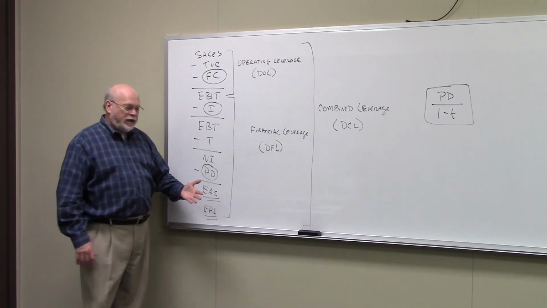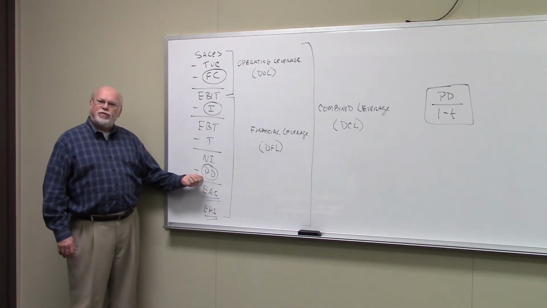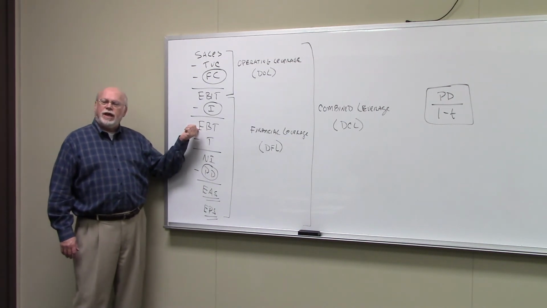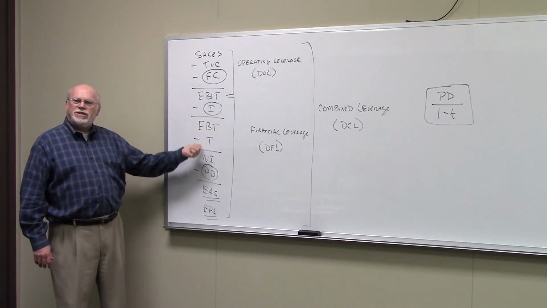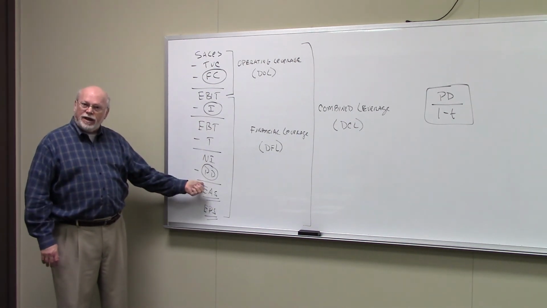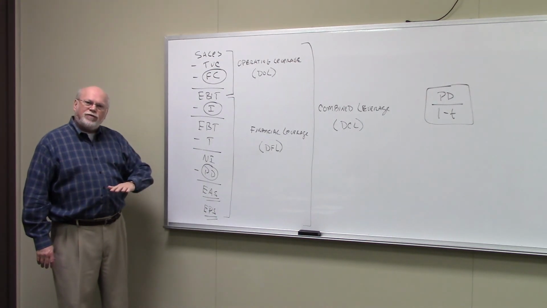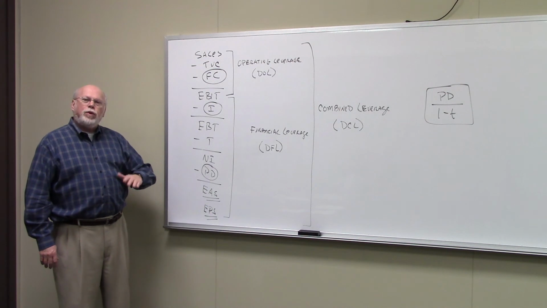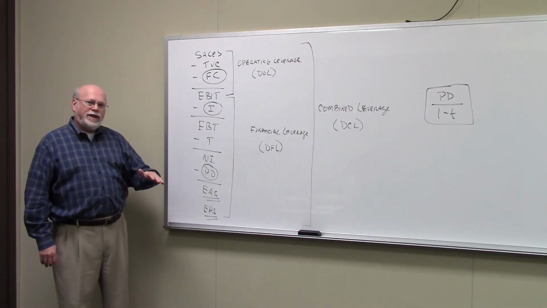The logic being, if we owe $1,000 in preferred dividends, we can't just have $1,000 in taxable income, because the tax man is going to take a piece of it and we won't have enough money left. So when we take our preferred dividends divided by 1 minus the tax rate, we get the pre-tax dollars we need to pay the dividends on our preferred stock.